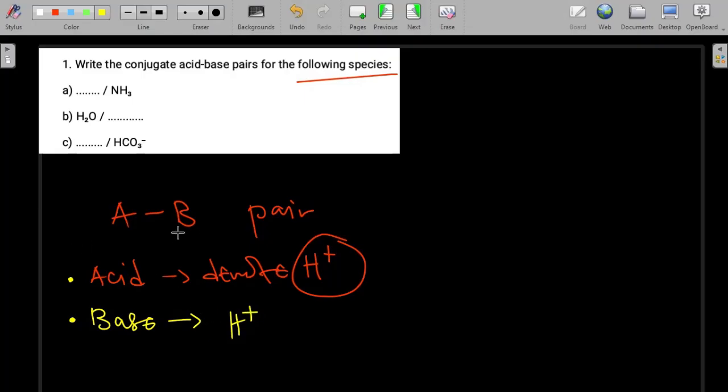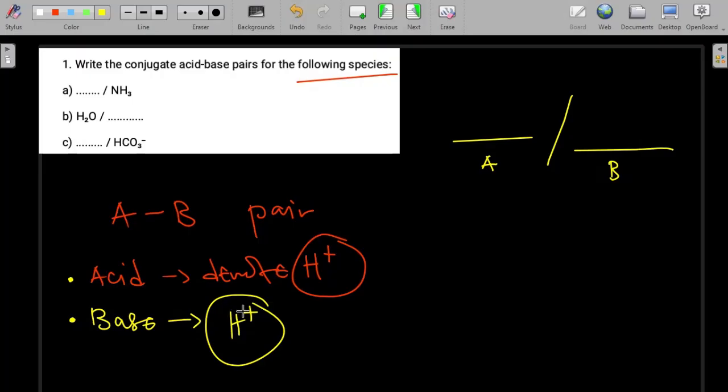So that's what a conjugate acid-base pair contains: 2 species that differ by a hydrogen ion. On your left, you're going to have your acid, and then slash, on your right, you're going to have your base. So these 2 things should differ by 1 hydrogen, or 1 proton.